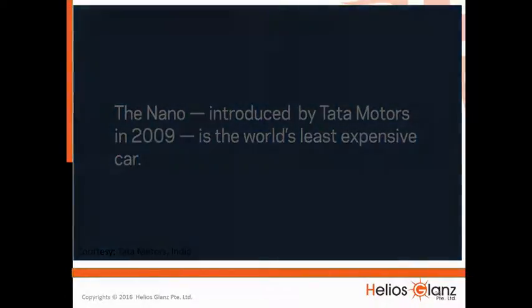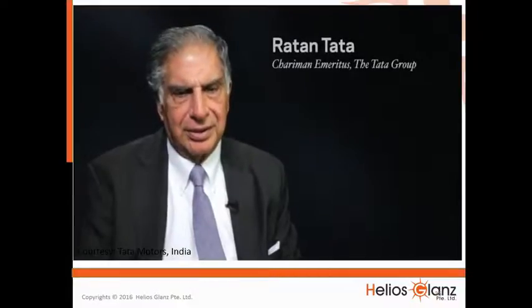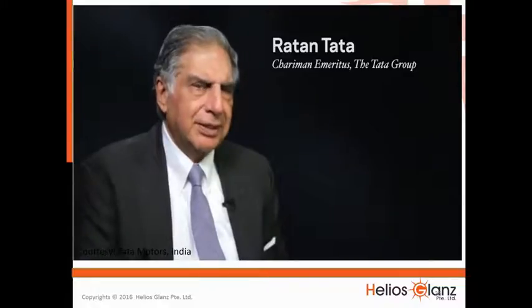The concept of the Nano happened while watching families riding on two-wheelers, usually the father riding the bike, a little kid sitting on the gas tank or standing on a scooter platform in front of him, his wife sitting side saddle, and maybe a child in between him and his wife.